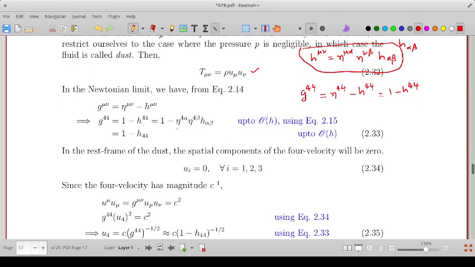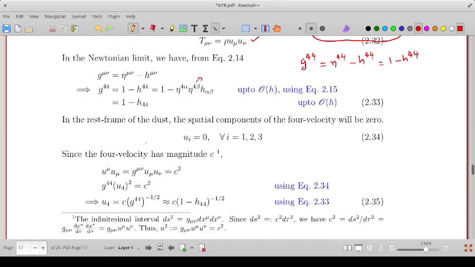But we have already seen that the Minkowski metric η is diagonal. So only when α equals 4 is this non-zero, and in that case η^44 is 1. Again here η^4β will be non-zero only when β is equal to 4, and in that case it is 1. So we have only one term surviving, corresponding to α equal to 4 equal to β. So the result is g^44 is equal to 1 minus h_44.